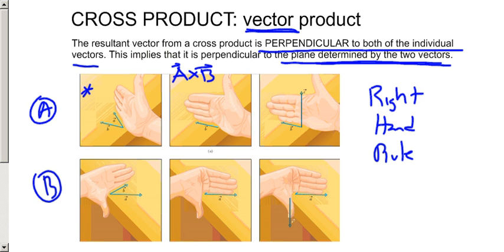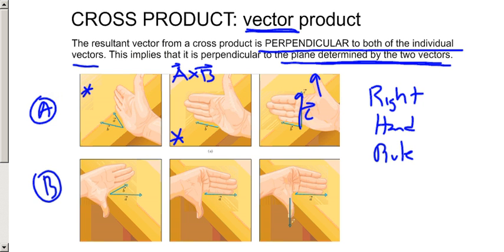And then you curl your fingers in the acute angle toward B. And the result is your thumb pointing in the direction of your new vector, where this is showing the vector coming out of the table, the vector C. So we've got a vector coming out.